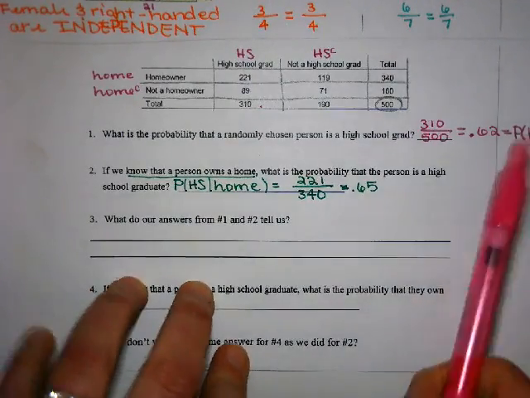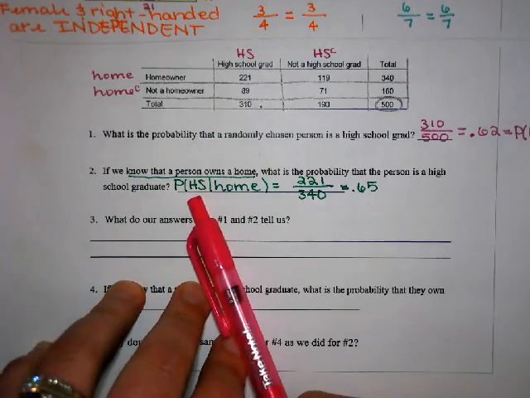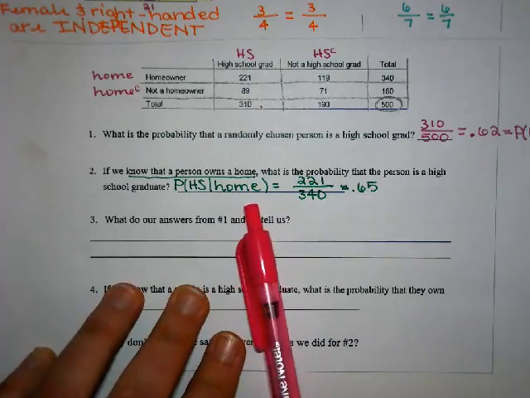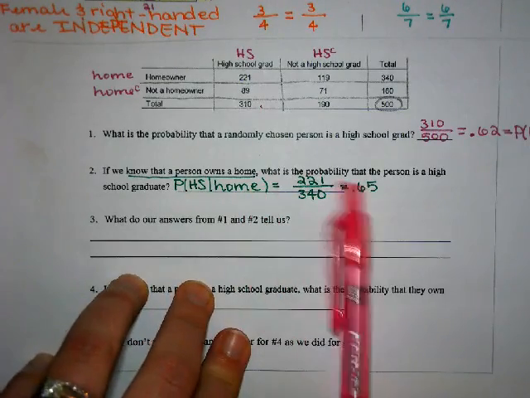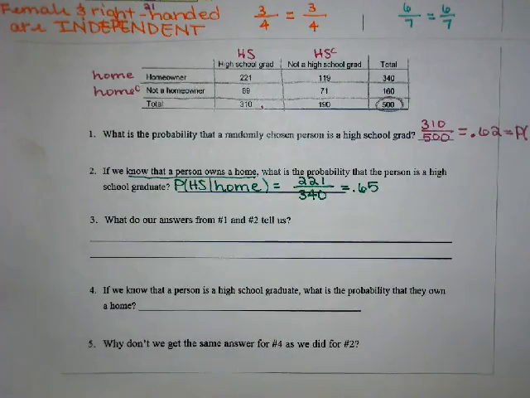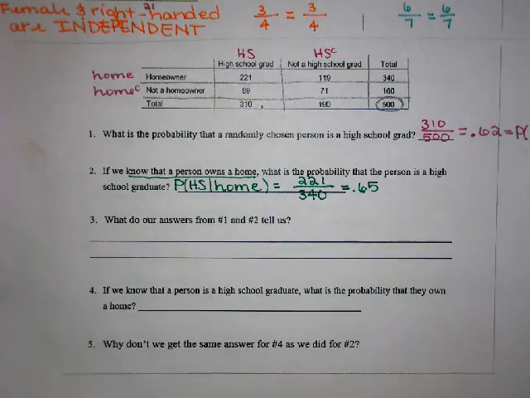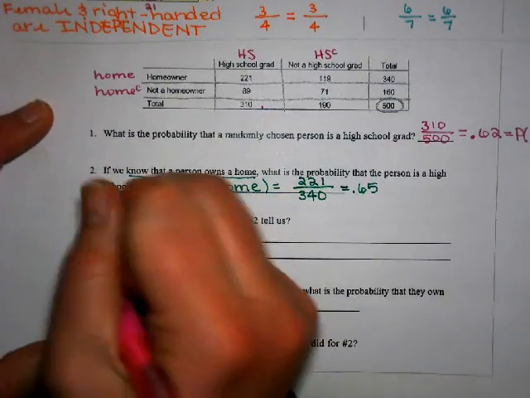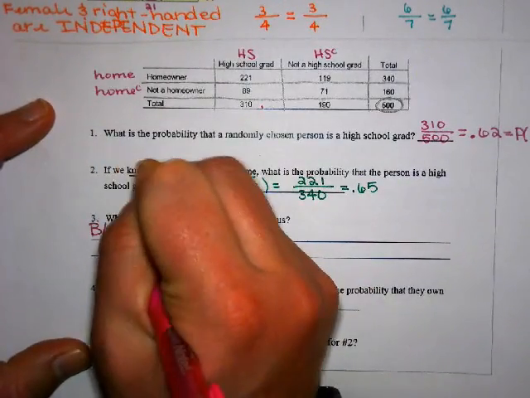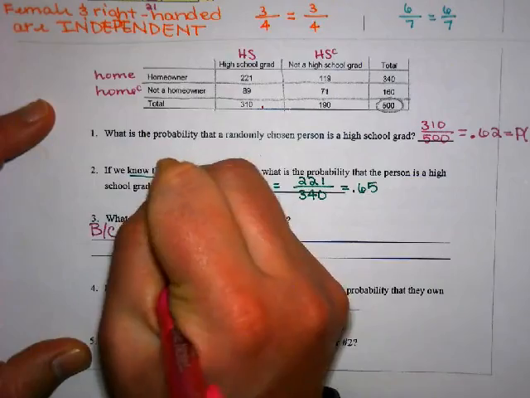If they were independent events, these two would be the same, but they're not. So the two events, graduating from high school and owning a home, are not independent, because probability of high school given home does not equal the probability of high school.